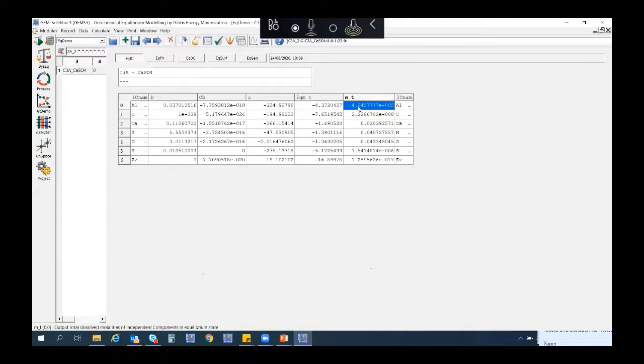In simple words, this means concentration. So if we look, for instance, for calcium, we see a value of 0.02. And as this is given in molarities, this is 20 millimoles per liter. So we mainly have calcium, a little bit of sulfate and carbonate in our solution.